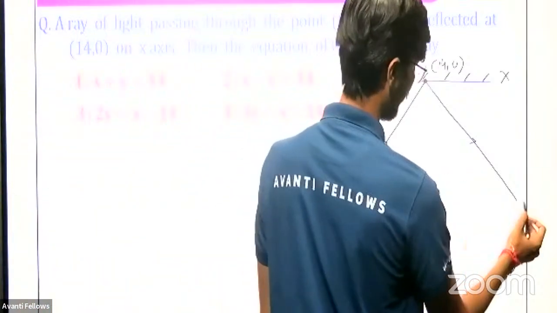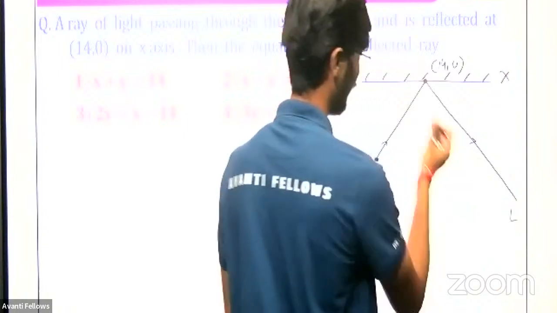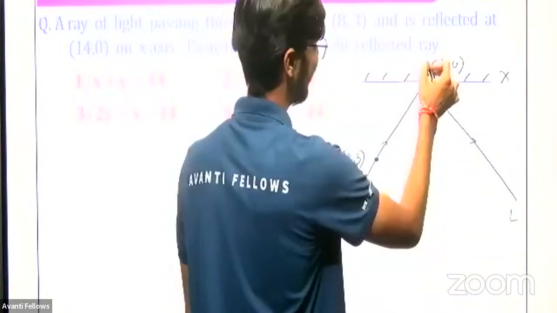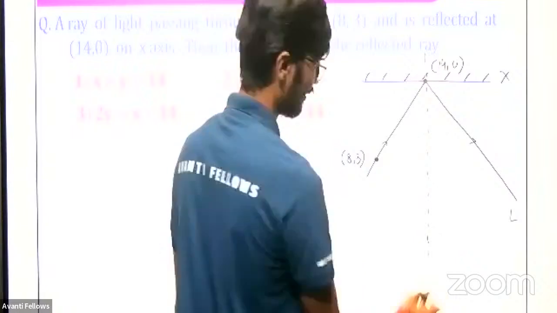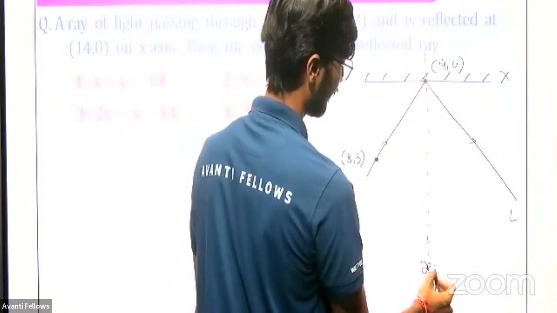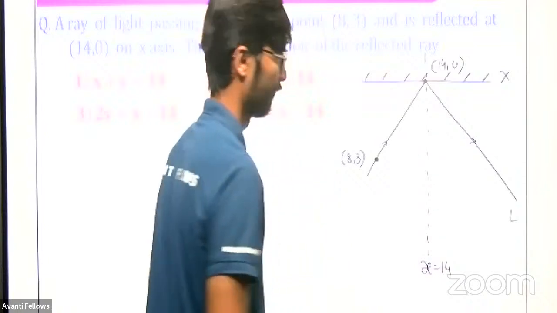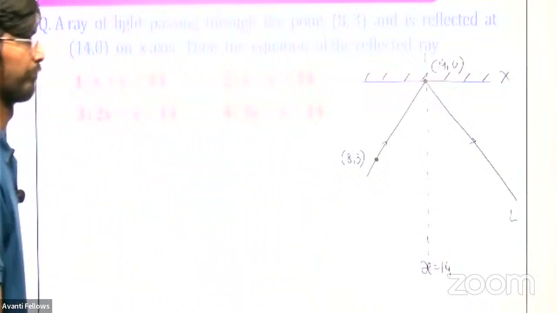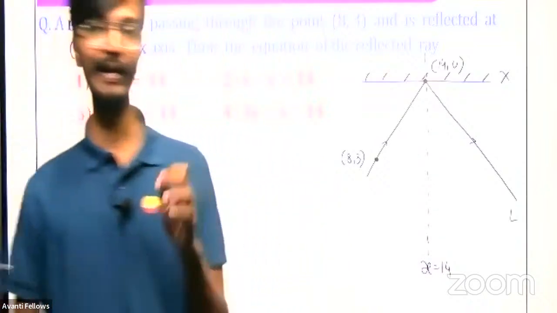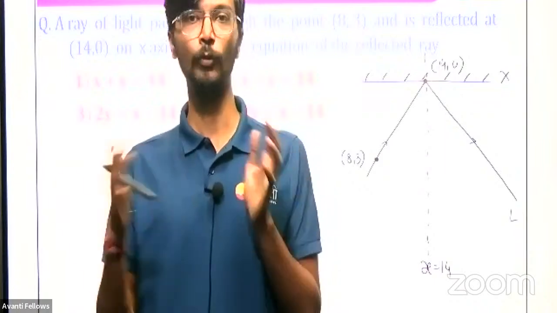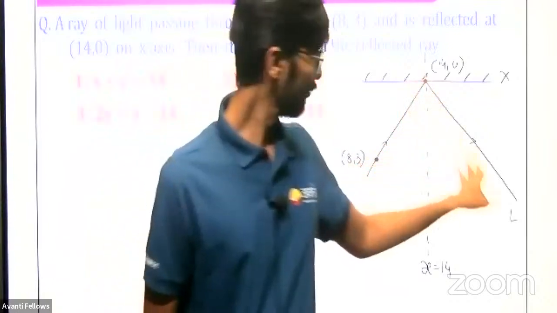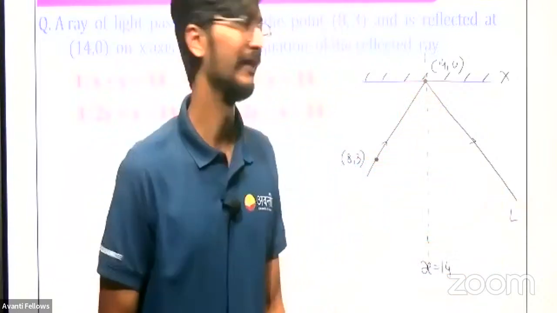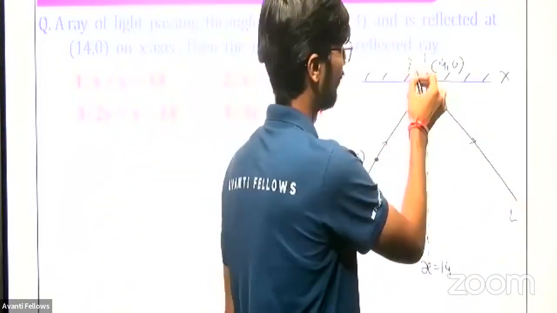To find the equation, let's say this is L. You have to find the equation of L. This is the normal, which is x equals 14. Again, to find the equation of a line, we use the slope point form. That means we need slope and a point. Can you see any point on this line L? Yes, we can see the point, that is point A.